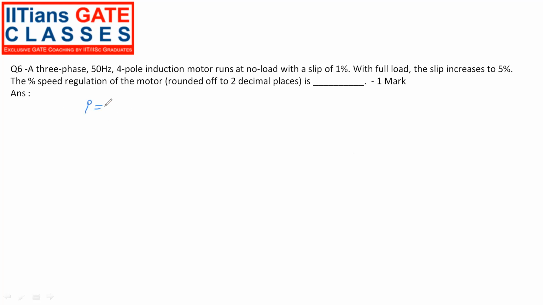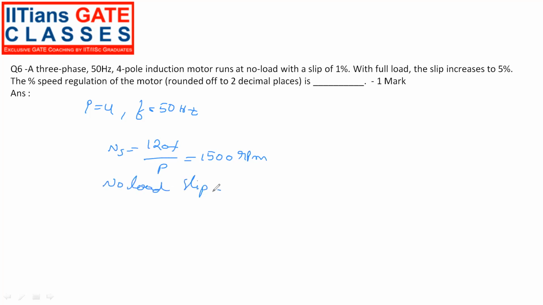First they have given poles equal to 4 and frequency equal to 50 Hz. Now the synchronous speed Ns can be given as 120 F by P, so that is 1500 RPM. Now the no load slip equals 1%.